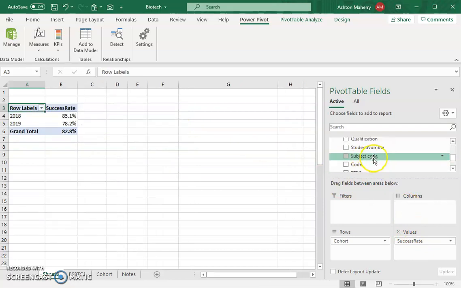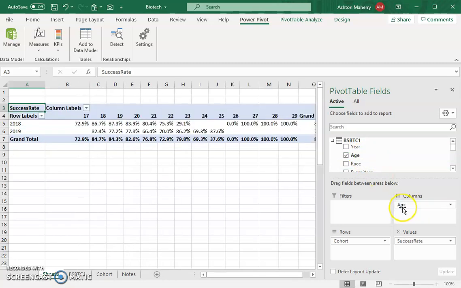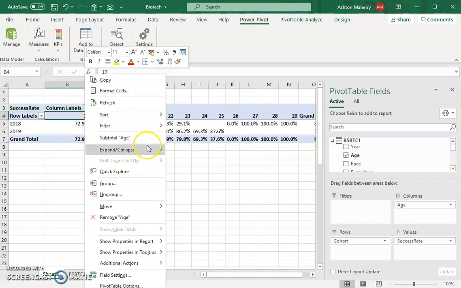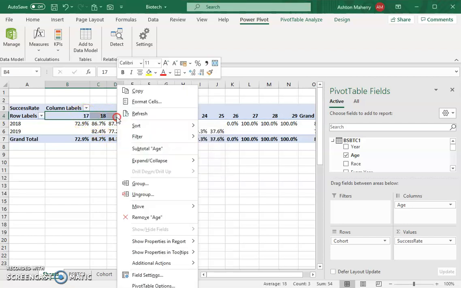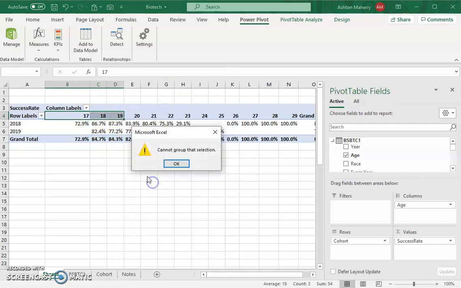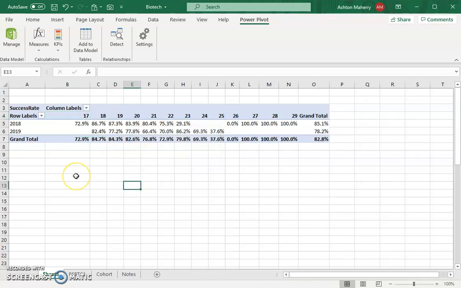We can also go and have a look at age. And now it's showing a whole lot of ages over here. And we can go right click and we can actually start to group these. Okay, no, we can't. It's not allowing me to group them. But let's have a look and see what's going on.